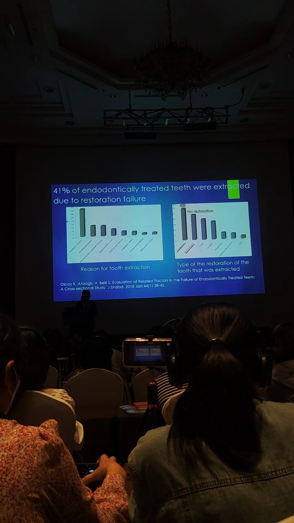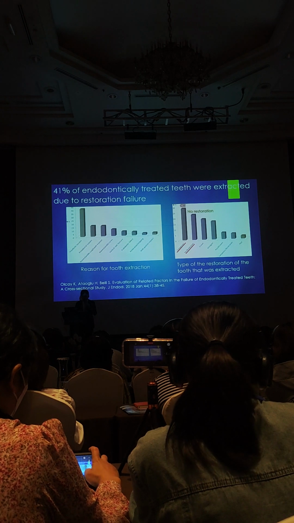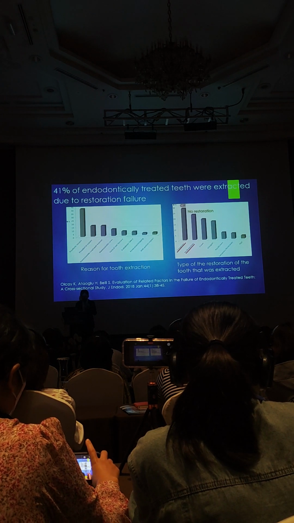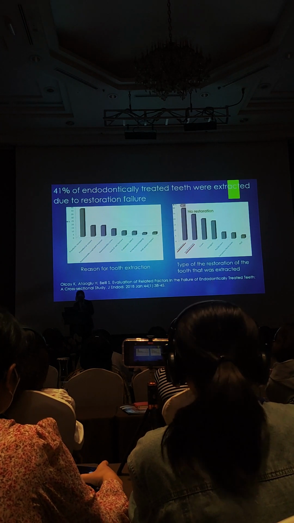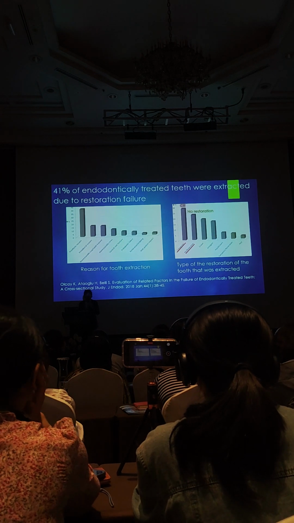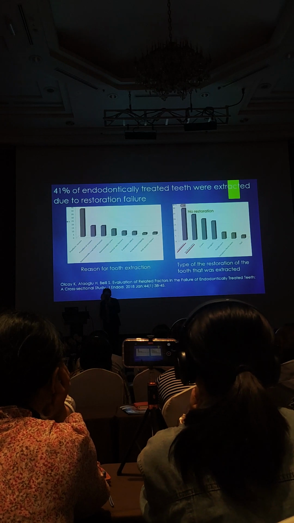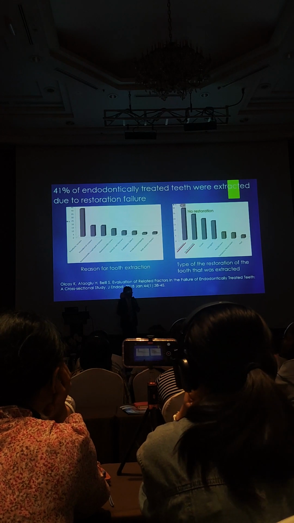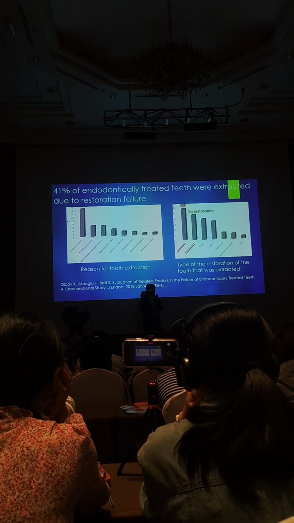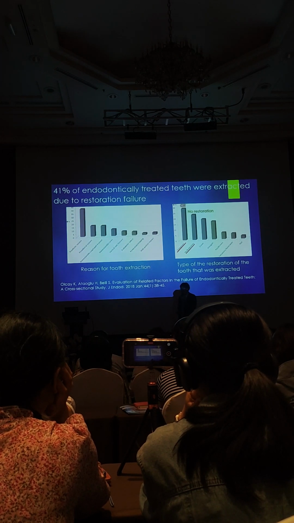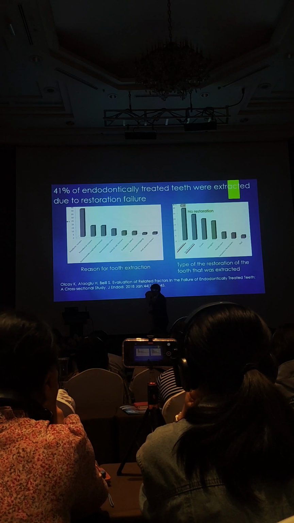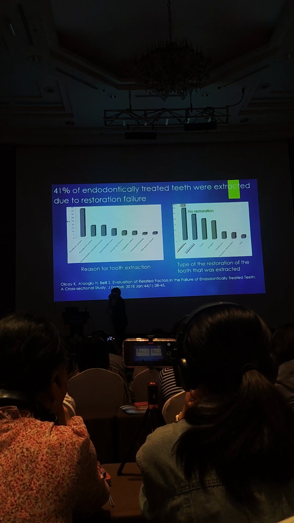And the majority of the cases, endodontically treated cases, were extracted due to poor restorations, 41%. So you have to remember this. Your endo may fail because of the poor restorations, not what you did during the endo treatment.